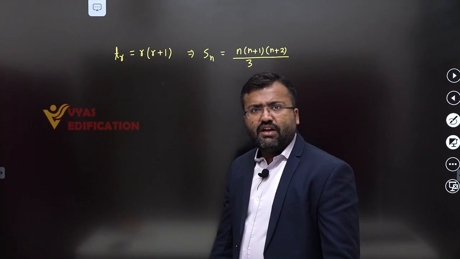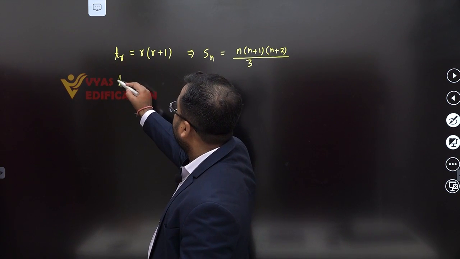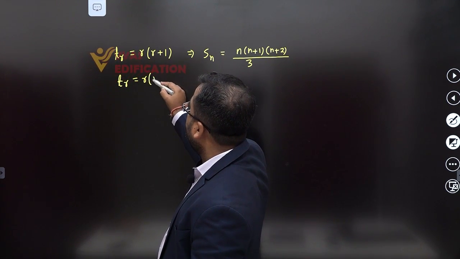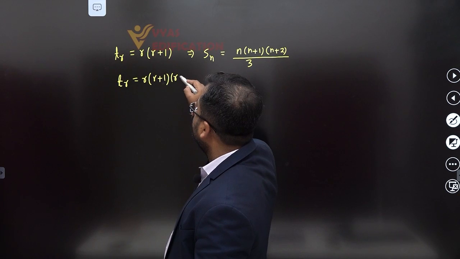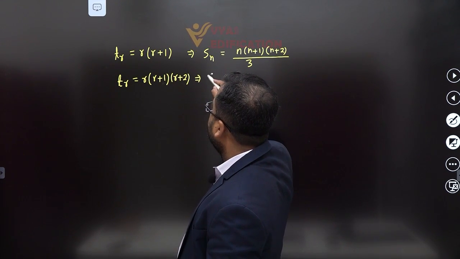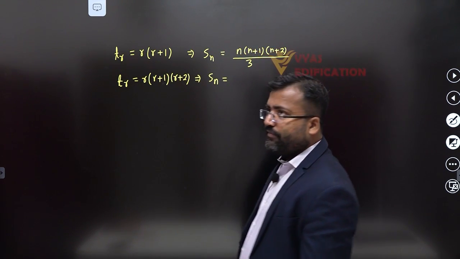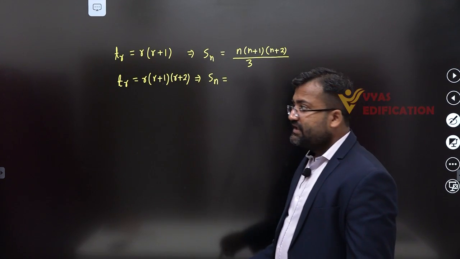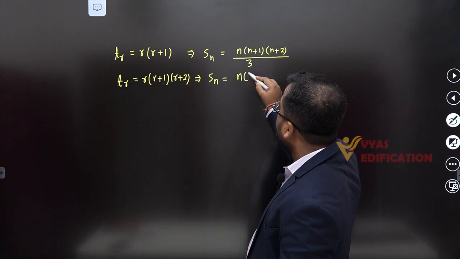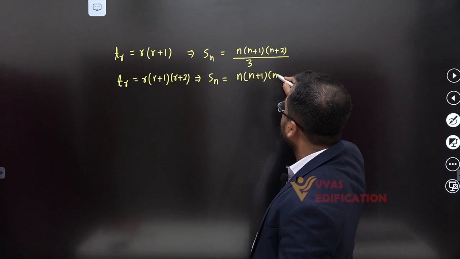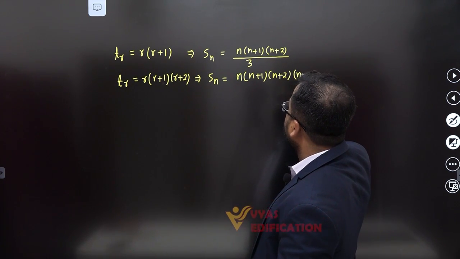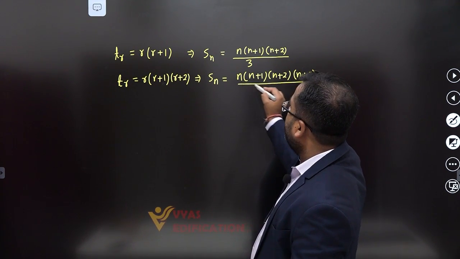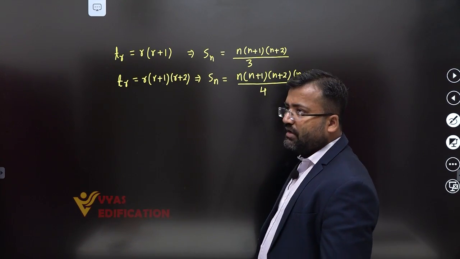This is what we obtained in the first question. When TR was R plus 1, R plus 2, what does that give me? Sn is equal to, in question number 2, n plus 1, n plus 2, n plus 3 also came up, and divided by 4 is what you obtained.